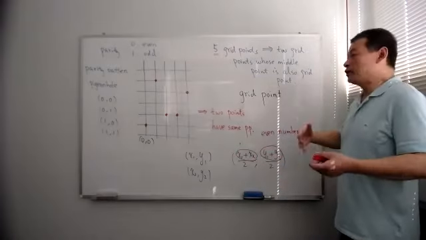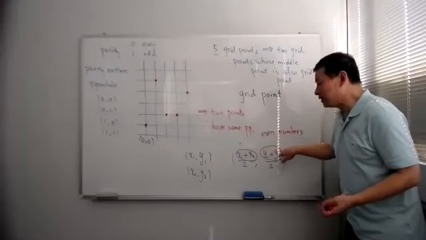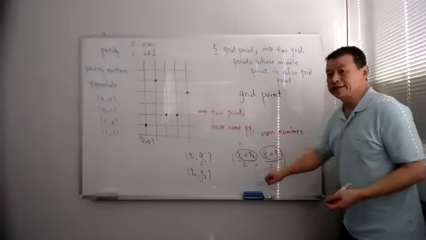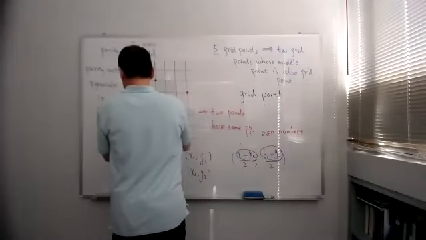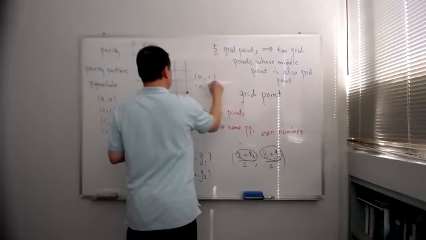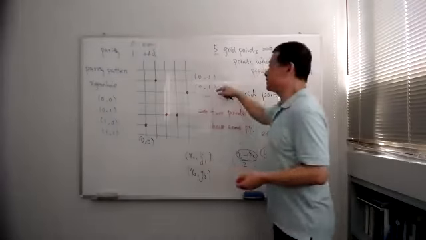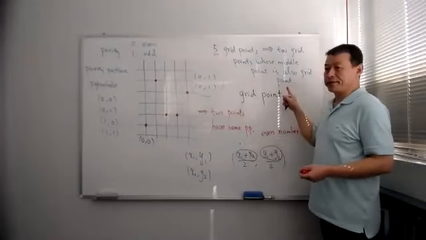Once we have the same pattern, then here will be an even number, here will be an even number. So when we divide by 2, that gives us integers. So for example, 2 points have this pattern, and then their middle point will give us a grid point.